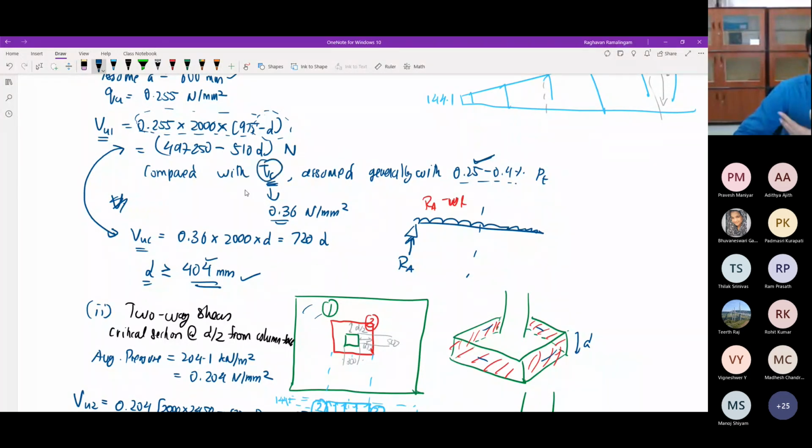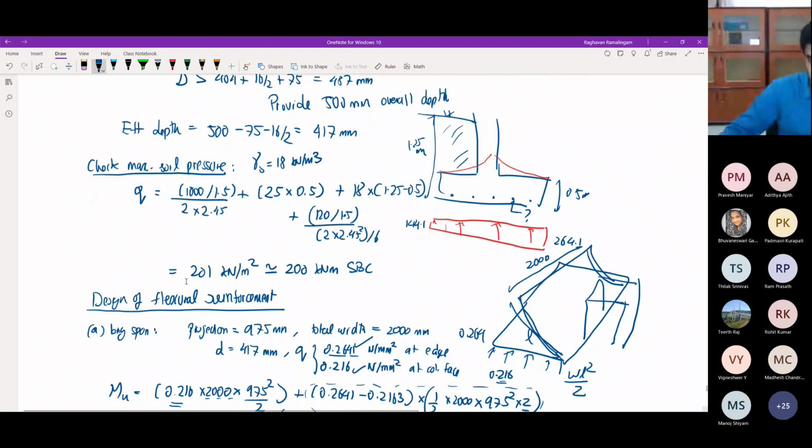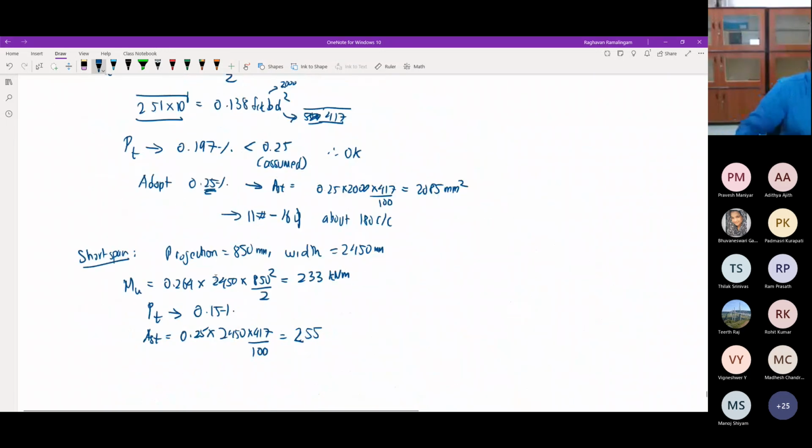So initially we assumed we might get PT of 0.25%, and based on that we calculated the value of tau c. From tau c, we found the thickness of the footing slab. Since I assumed 0.25% here, at least along one of the directions I should get 0.25% reinforcement.